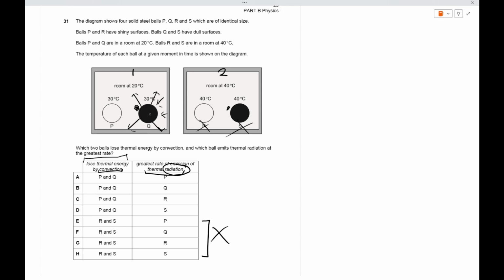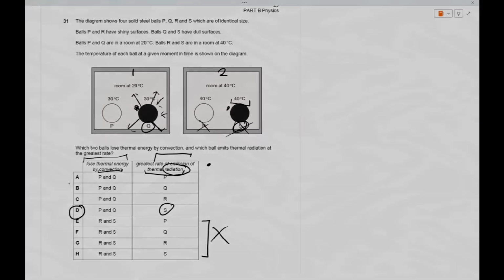So that means there's going to be either Q or S. Because there is no temperature gradient, there's no overall change in thermal energy, but the rate of emission of thermal energy for a black body is fully dependent on the temperature of the body. So the hotter the object is, the higher the rate of thermal radiation. So the answer for this is going to be S, which is D.